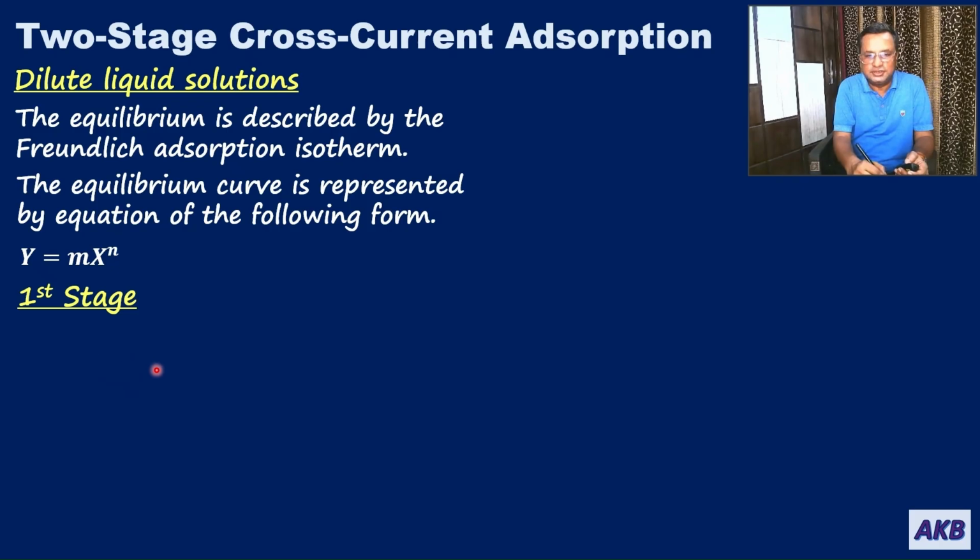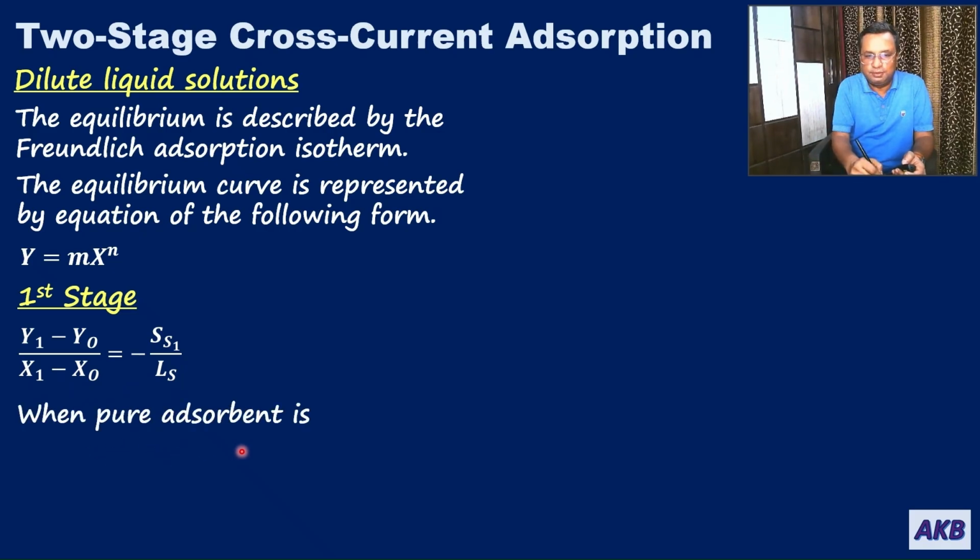Now let us learn how to analyze the first stage if you have dilute liquid solutions. The equation for the operating line for the first stage is capital Y1 minus capital Y0 upon capital X1 minus capital X0, that is equal to minus SS1 upon LS.